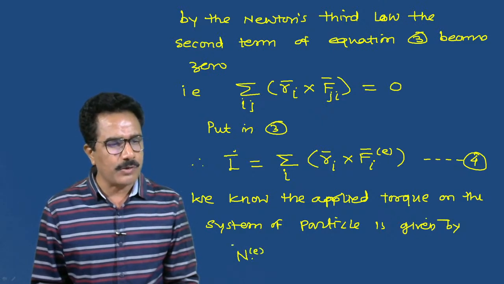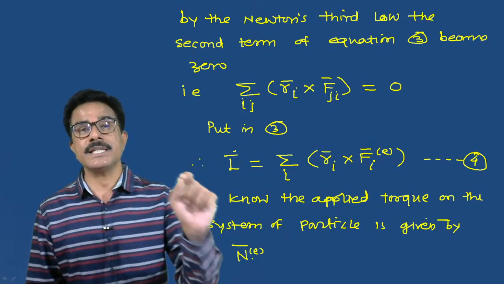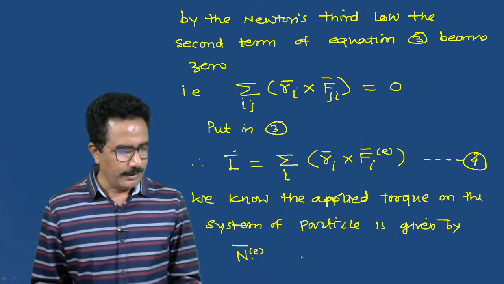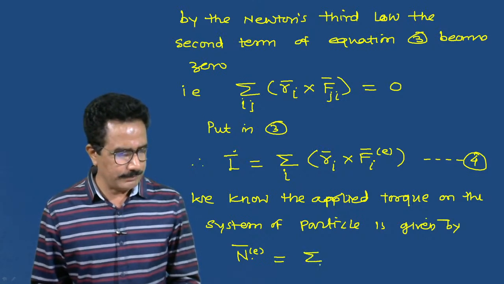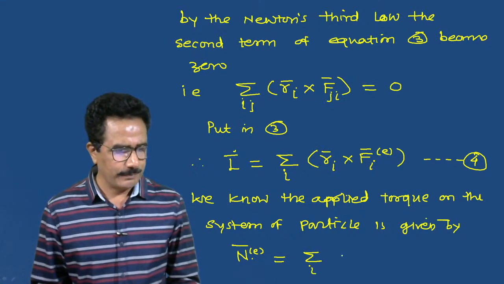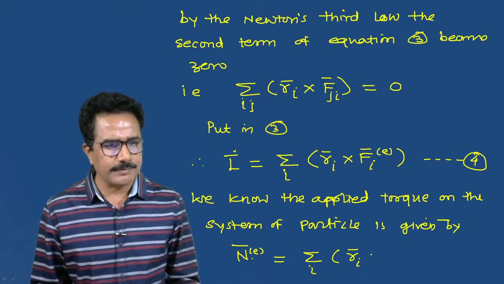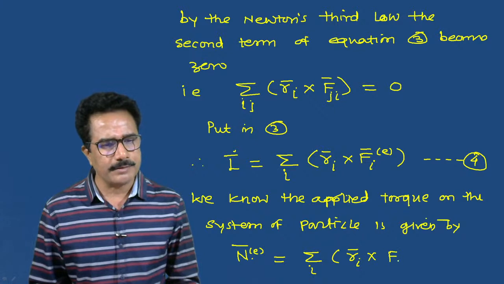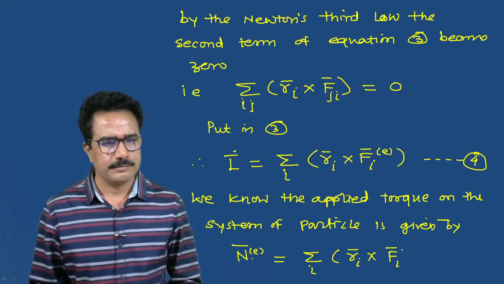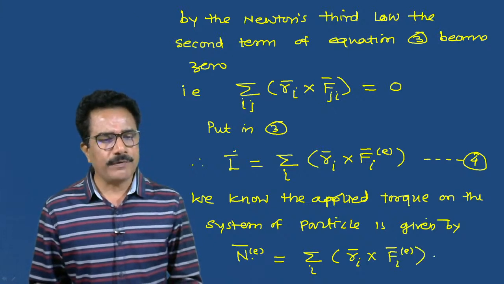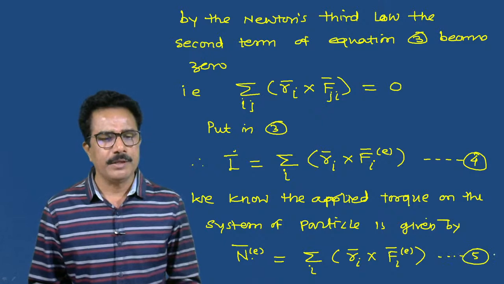N means torque, applied torque, and E means external torque, which is given by summation over i r_i bar cross F_e bar. This is the formula for the torque. Suppose this is equation number 5.